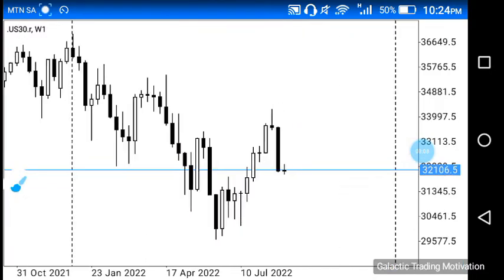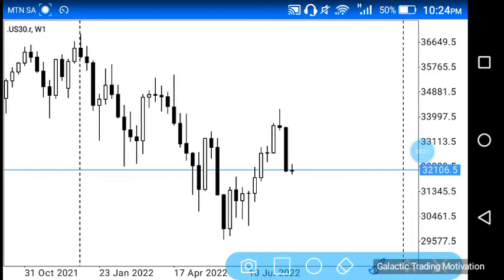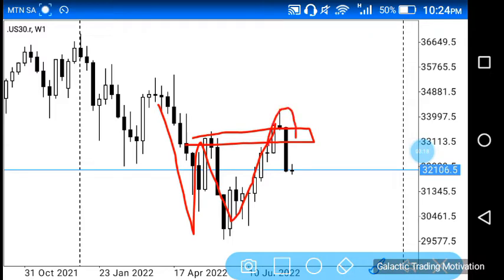However, in regards to this W structure, we can see that price had broken to the upside of the W structure and then came back to test the neckline. However, the neckline was unable to hold price at this level. So at this point in time, we can now disregard this W structure because it is no longer relevant.